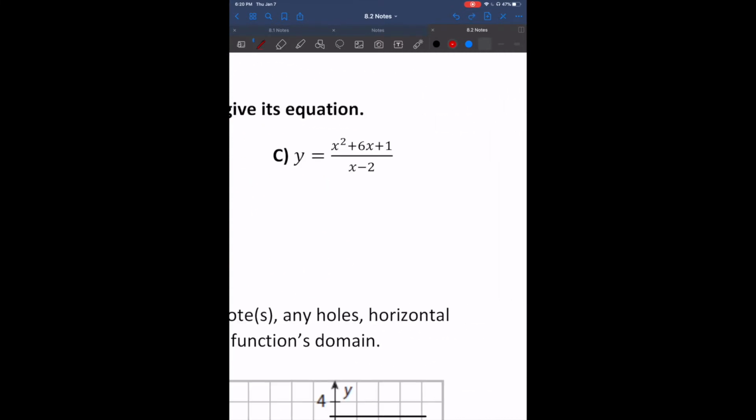Finally, for C, we have x squared plus 6x plus 1 over x minus 2. Now, in this case, the degree of the numerator is 2, and the degree of the denominator is 1.